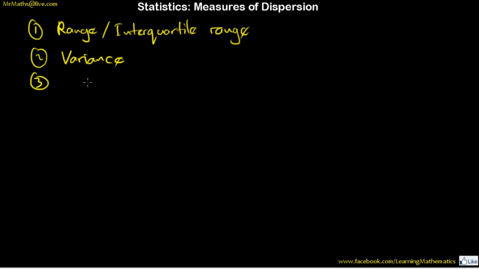And the third one is called standard deviation. In this lesson I will only cover these two, variance and standard deviation. Range and interquartile range are not in the scope of this presentation.